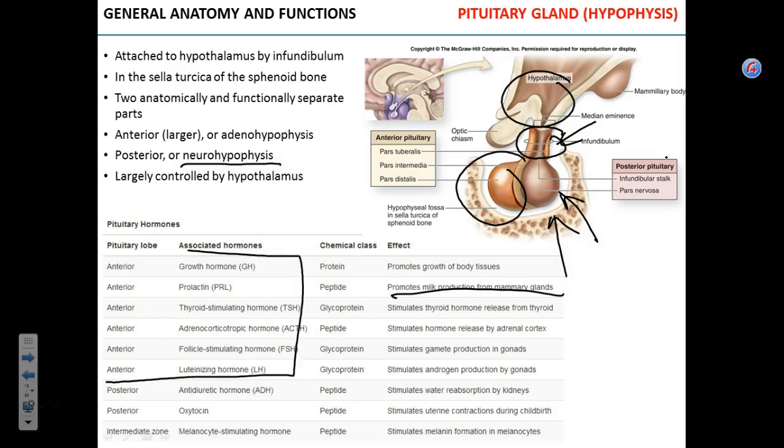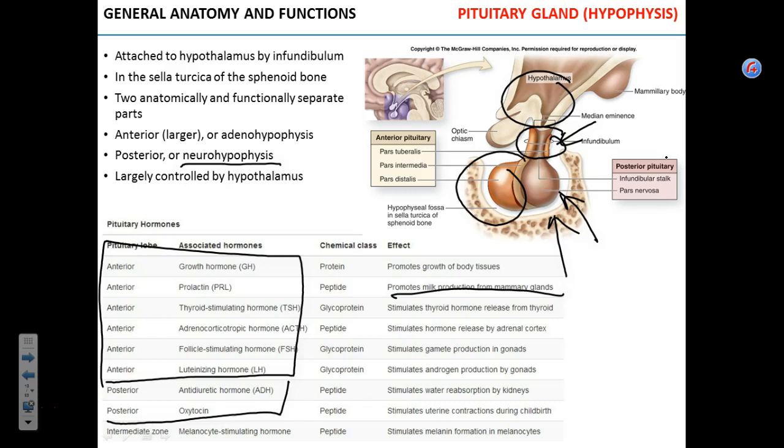These are produced by the anterior pituitary. Okay? They are truly produced by the anterior pituitary. These two hormones, oxytocin, which regulates labor, and antidiuretic hormone, involved in water balance regulation, aren't produced by the pituitary gland.